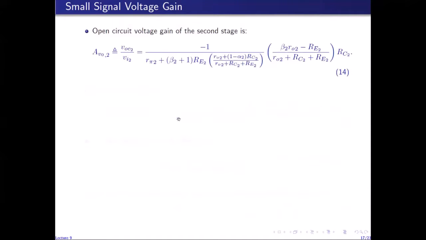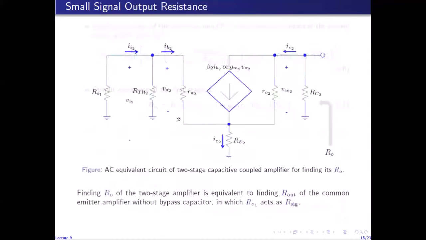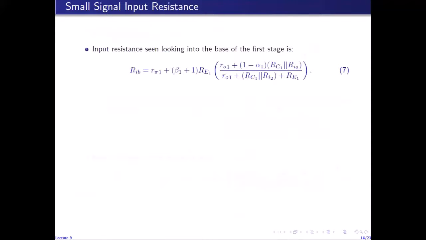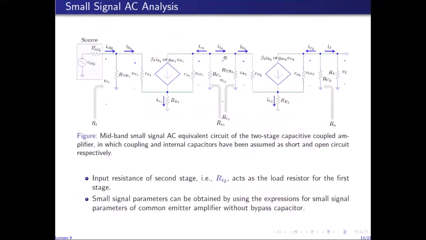So the loaded voltage gain of the first stage is the voltage VI2 while this stage is connected as a load to the first stage. VI2 is the input voltage of the second stage, and since the second stage acts as a load to the first stage, VI2 is actually the load voltage of the first stage.